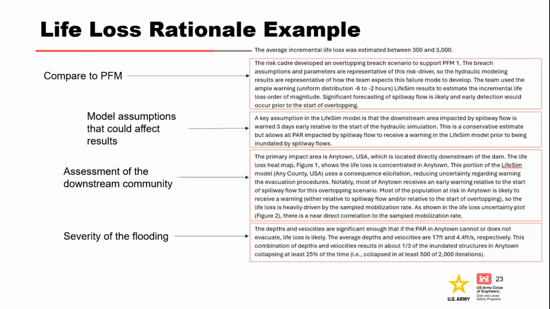But your operations team and your emergency management team will often have knowledge of the downstream communities that can support this risk estimate and this consequence estimate. They know the local people. They know how things work. So talk to them. And then describe how bad the flood is, meaning depths and velocities in your downstream population areas.